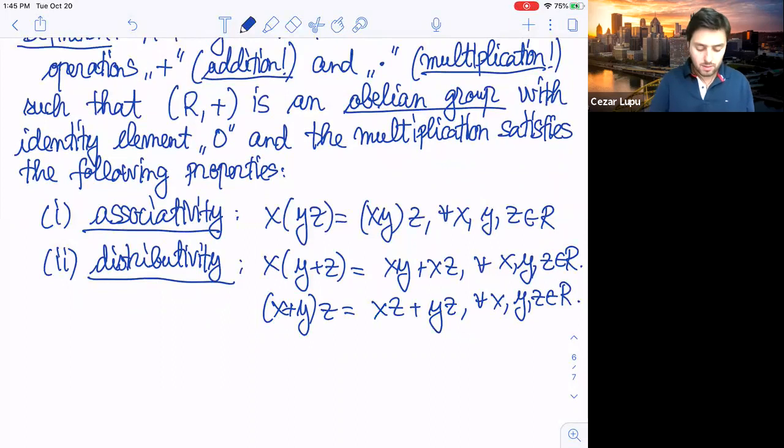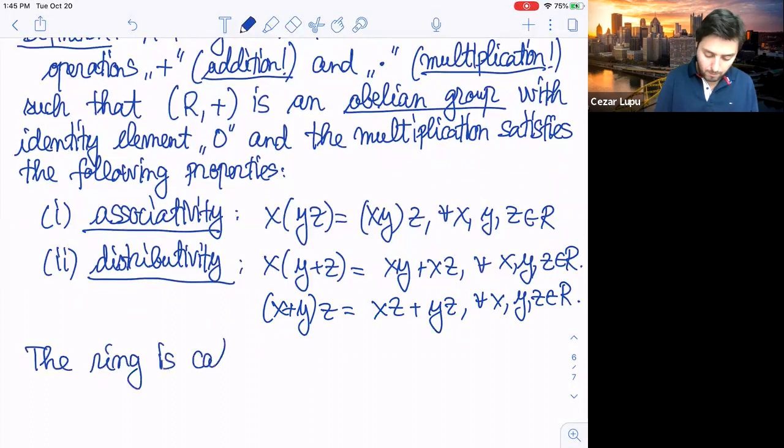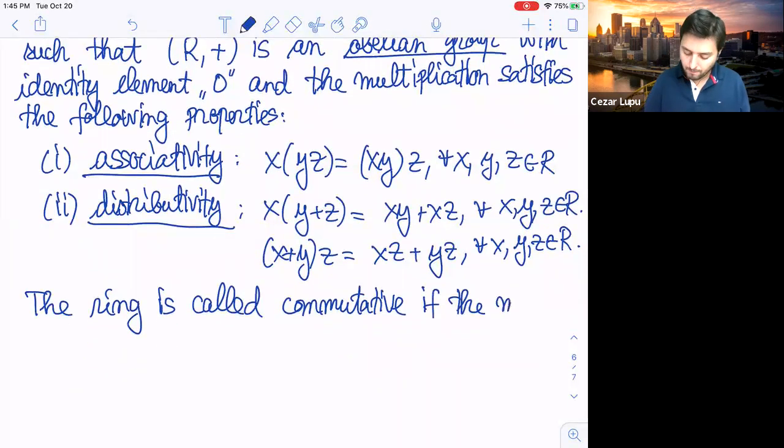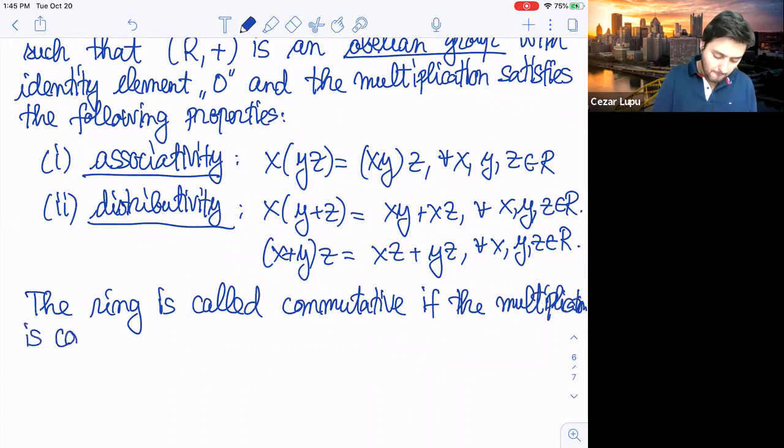And of course, the ring is called commutative if the multiplication is commutative. All right.